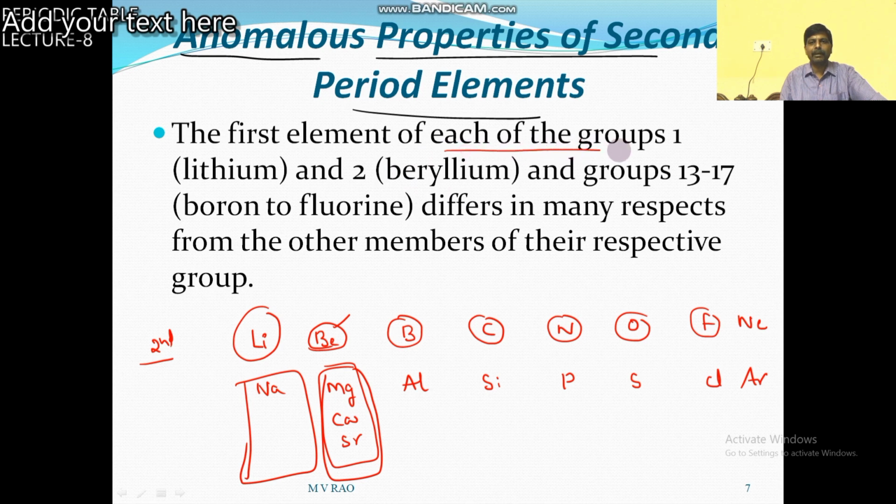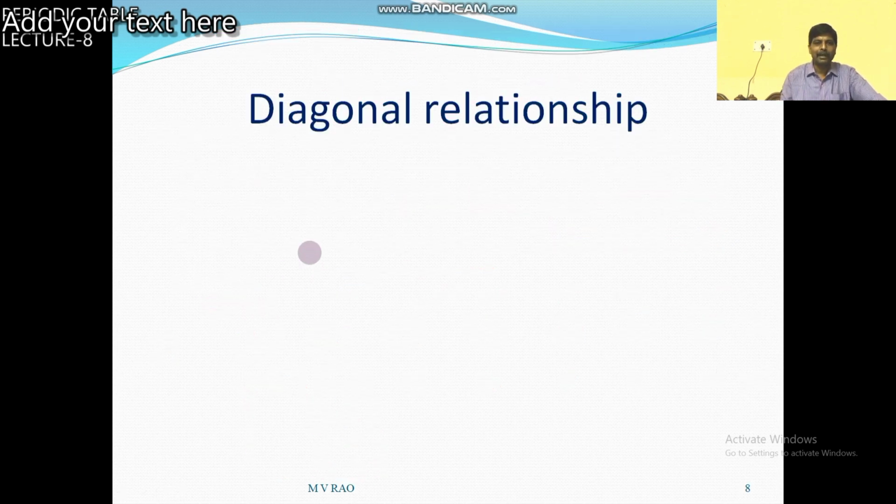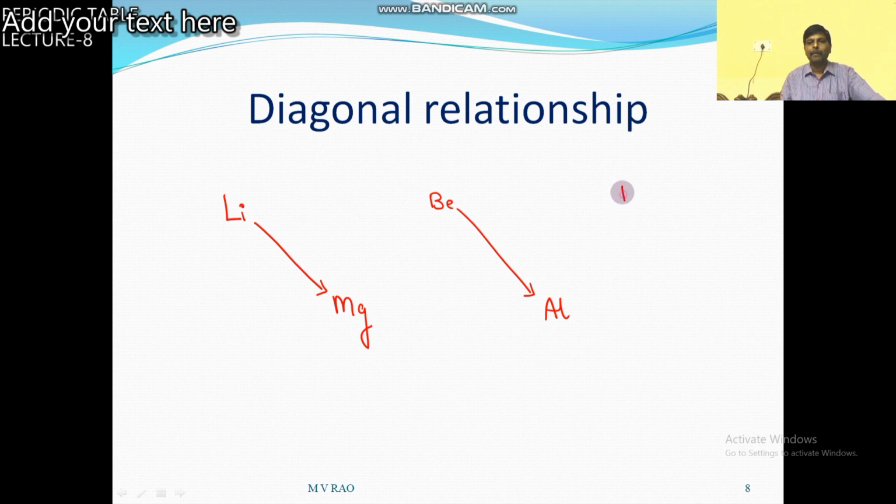The first element of each group, lithium, beryllium, and in groups 13 to 17, boron, carbon, nitrogen, oxygen, fluorine, in many aspects exhibit different properties. These are called anomalous properties. For example, lithium exhibits a diagonal relationship with magnesium, beryllium with aluminum, boron with silicon.